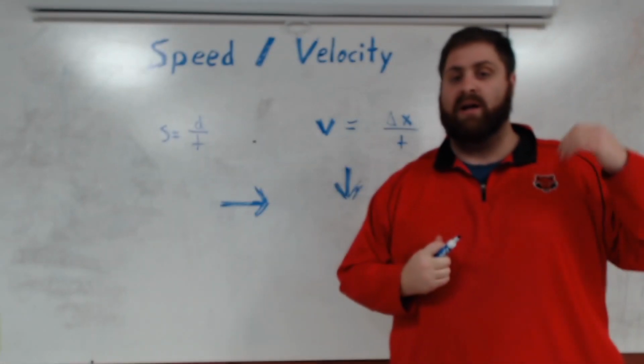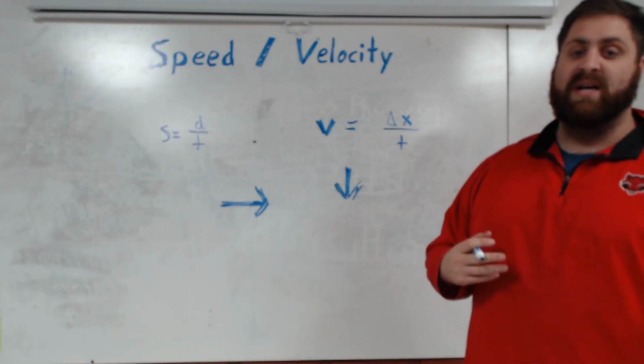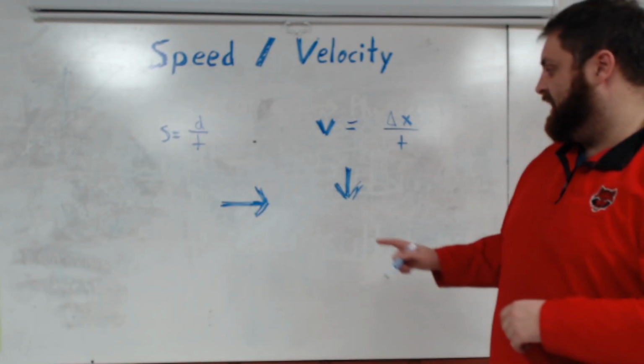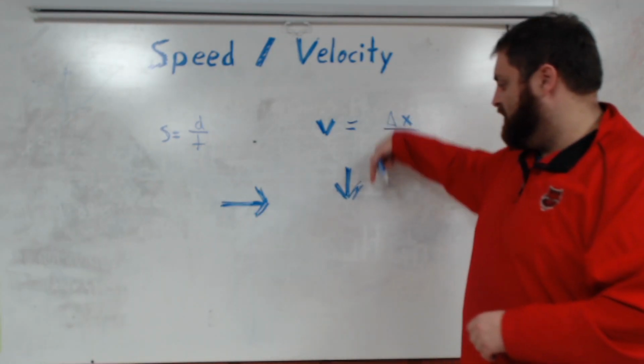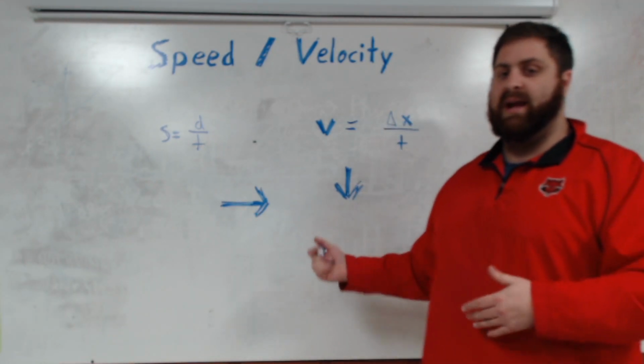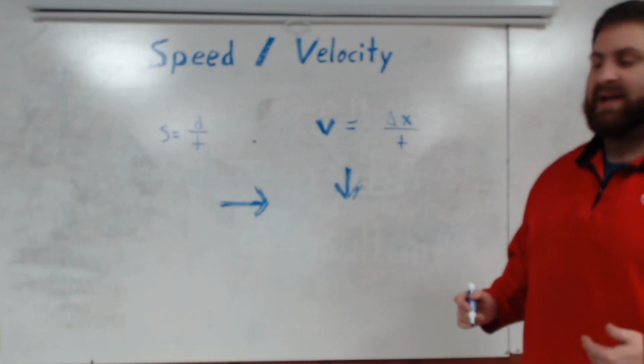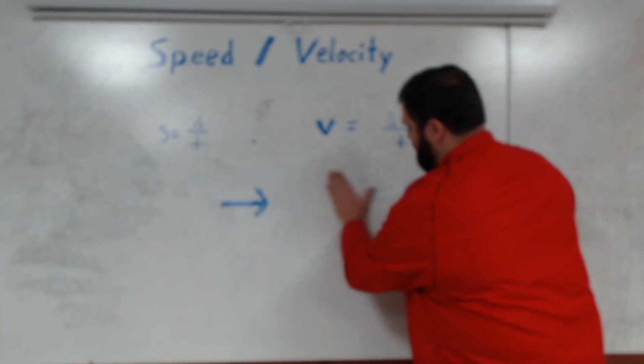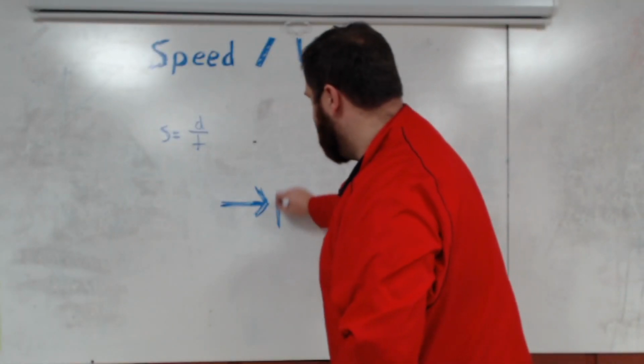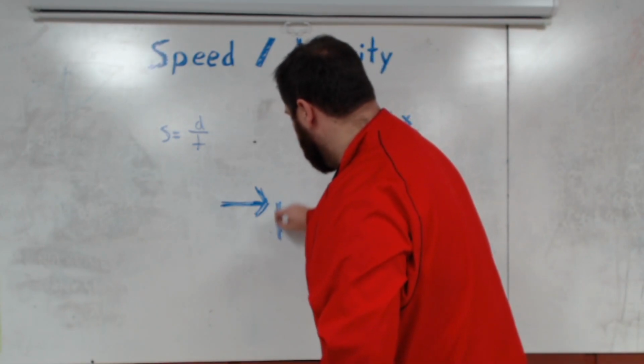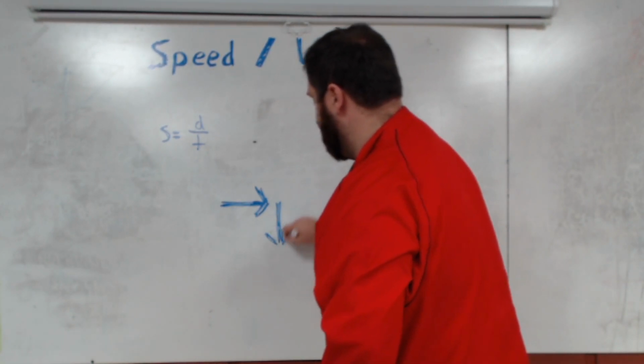If you don't remember, you can either ask me a question or go back and check out the last video. If there is a wind traveling this way, or a speed traveling one way and something else traveling perpendicular, what do we create? I'll make it a little more obvious if I put them side by side right here. What does this create?